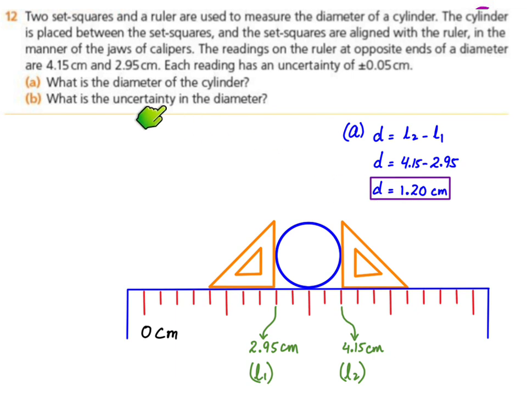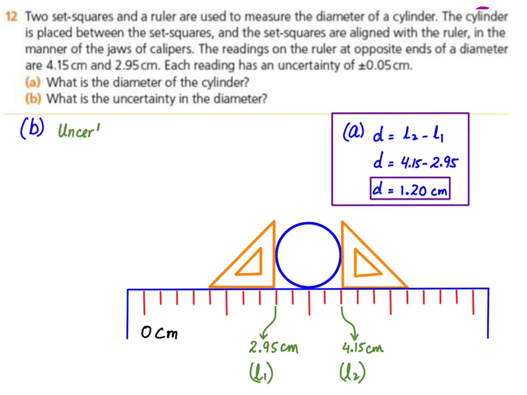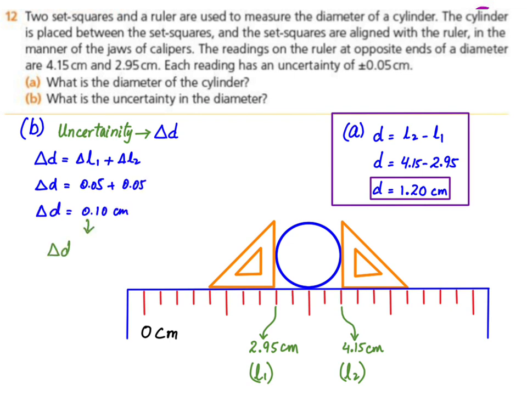You know that the uncertainty in this scale is what? Plus minus 0.05 centimeter. I told you, whenever two quantities are added or subtracted, their absolute uncertainties are always added, right? So L1 and L2 are being subtracted, which means I'll add their absolute uncertainties.